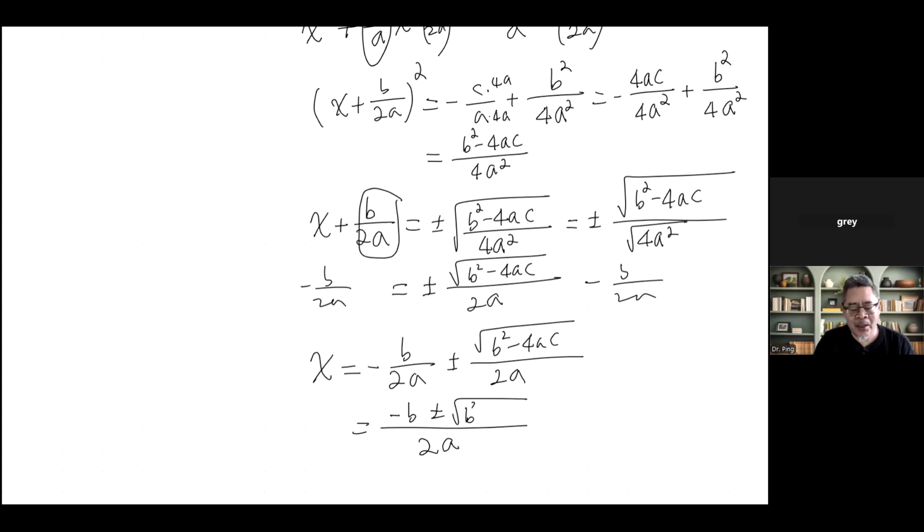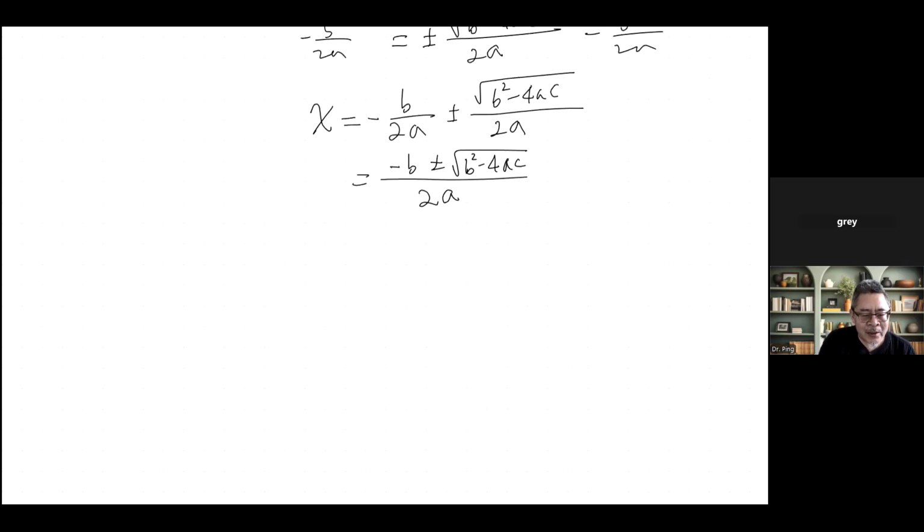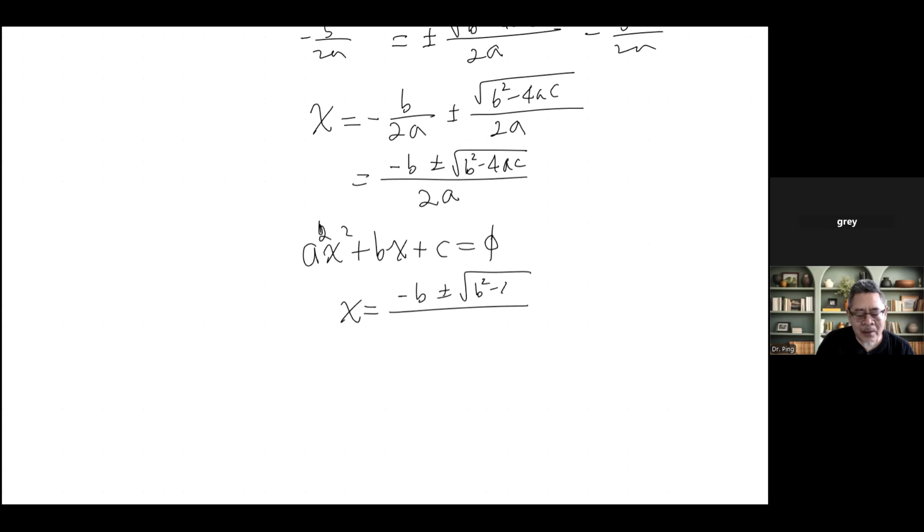This is the famous quadratic formula. So if we have a quadratic equation, ax squared plus bx plus c equal to 0, we know that our solution will be x equals minus b plus or minus the square root of b squared minus 4ac, over 2a.